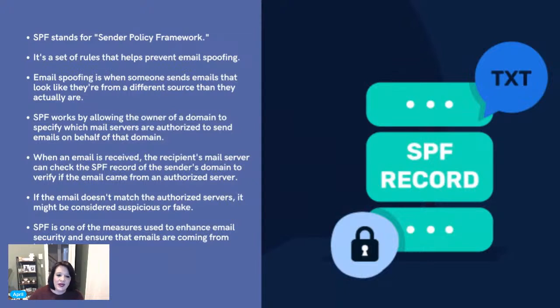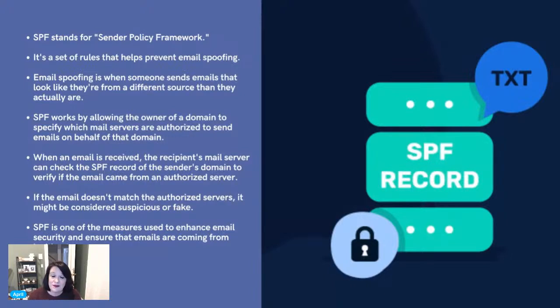So basically, when an email is received, that mail server, whether it's going into a Gmail box, a Yahoo box, or an Apple email, checks this record to make sure that the domain is secure and that it's authorized. If you remember back a few years ago, we had to do SSL, a secure socket layer, for our business, where on the domain there is that lock.